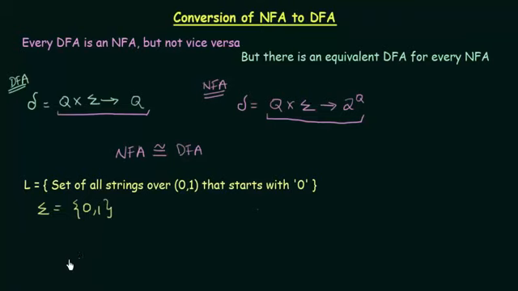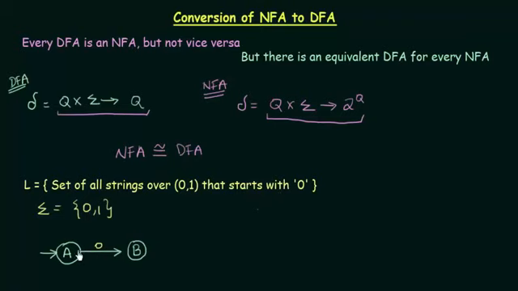So in order to do that, we have a starting state which is state A, and A on getting input 0, I will send it to the next state which is state B, and my condition is that it should start with 0.